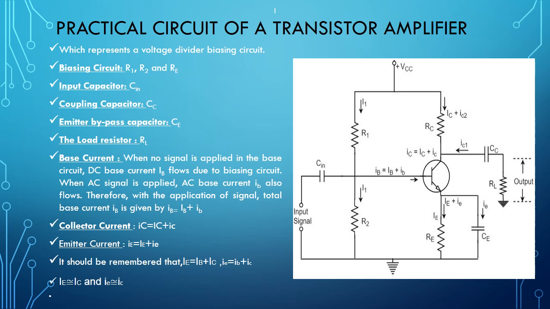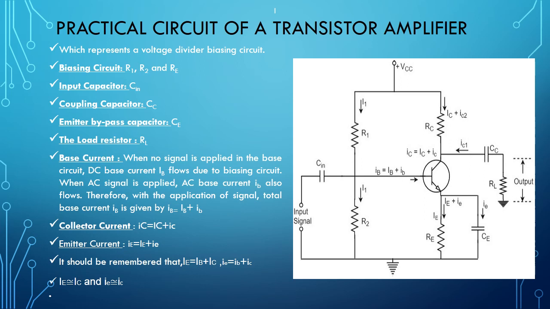That will feed back the input signal, reducing the output voltage. And next we have the load resistor, RL. The resistance RL connected at the output is known as the load resistor. When a number of stages are used, the RL represents the input resistance of the next stage.